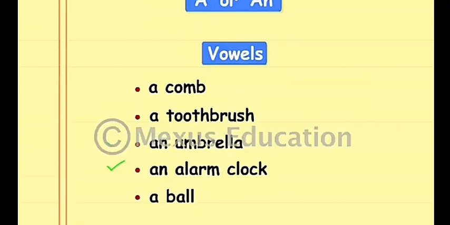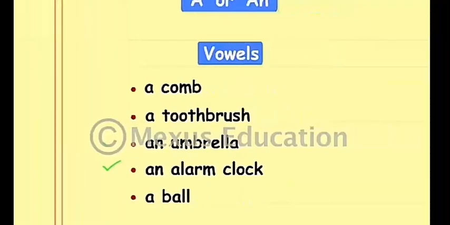It's an alarm clock. It's a ball. So this is the difference. A and an are used as per the rule: an comes before the sound of vowels and a comes before the word beginning with the sound of consonants.